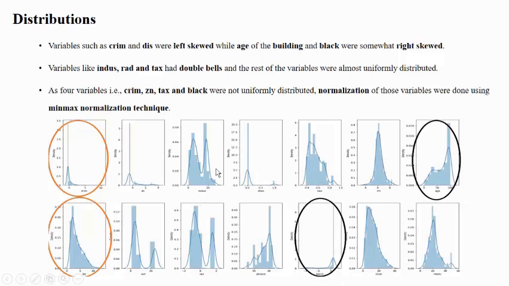The variables like Indus, radial distance as well as tax have double bells, and the rest of the variables were uniformly or normally distributed in this data set. As the variables crime, zone, tax as well as black were not uniformly distributed, what I did was I normalized all these variables using min-max normalization techniques.